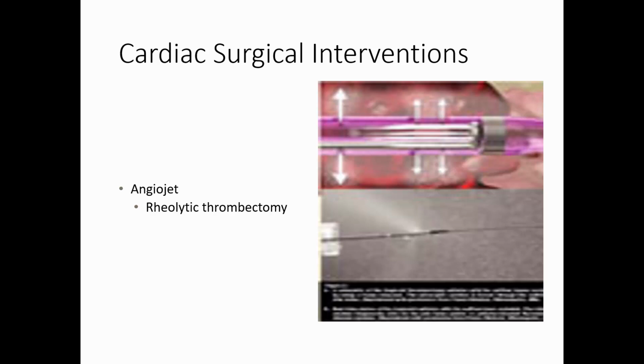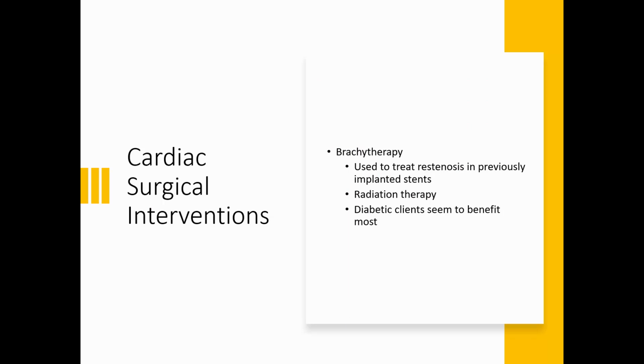Another intervention we do quite frequently, we do this up at Birmingham right now. We're not currently doing this at any of the local facilities here that I'm aware of, but it's called brachytherapy. This is an option for patients who have developed restenosis in previously implanted stents in the coronary artery. We actually deliver intracoronary radiation through a special heart cath procedure.